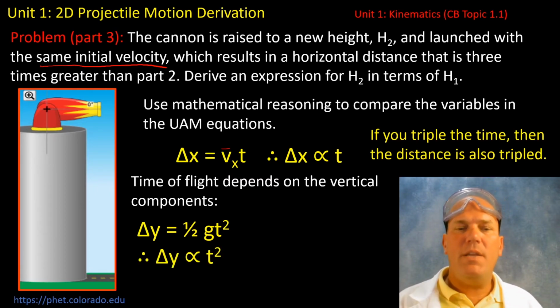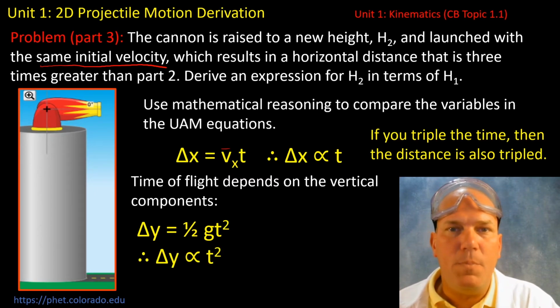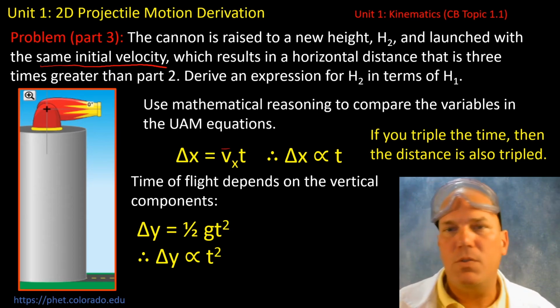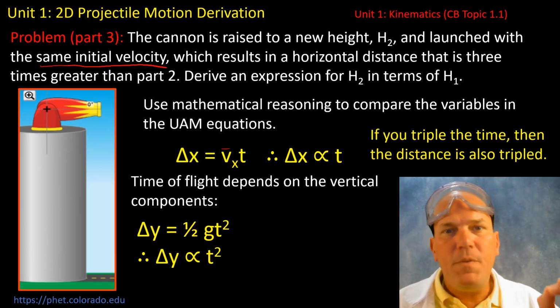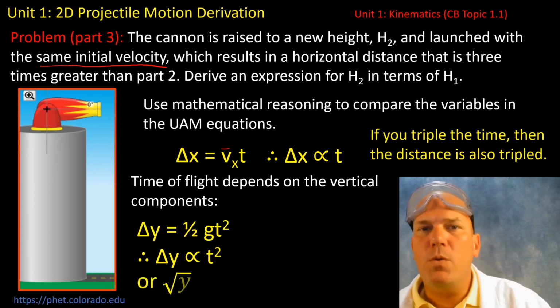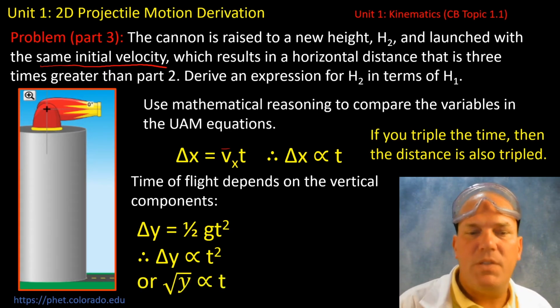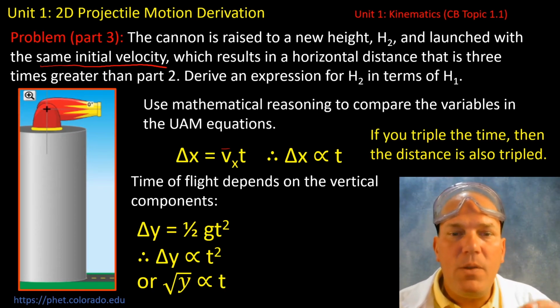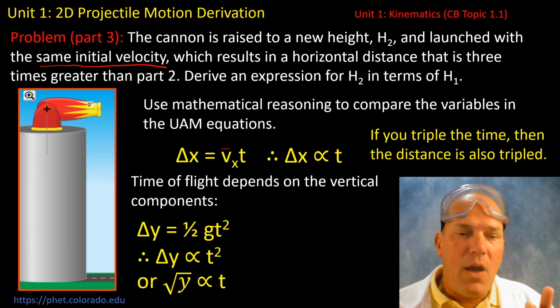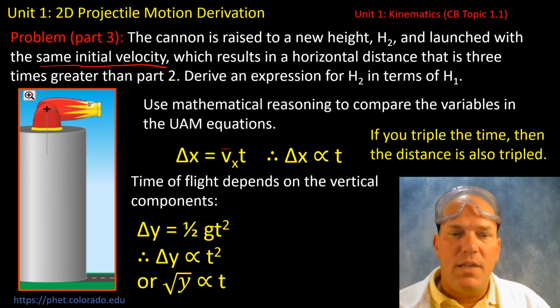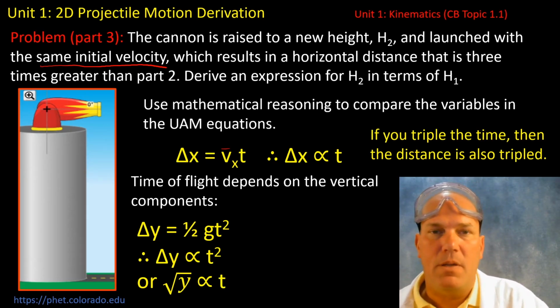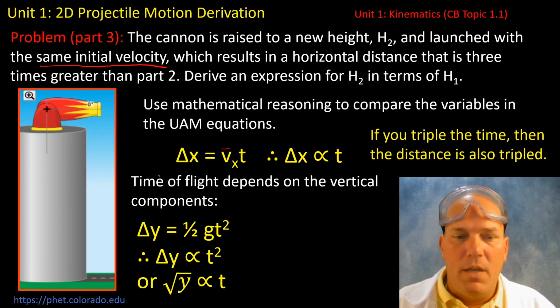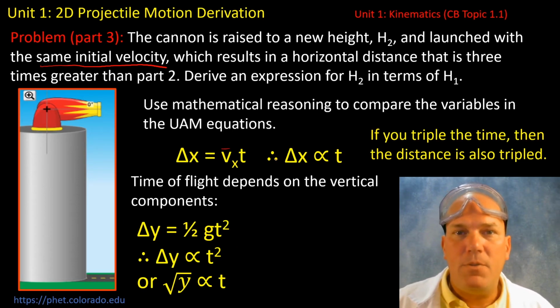So this can be written as the change in vertical position is proportional to time squared, or if you prefer, the square root of the change in vertical position is proportional to time. So now the question becomes, how do I need to change the height to triple the time? That's the question. And if we triple the time, we triple the distance.